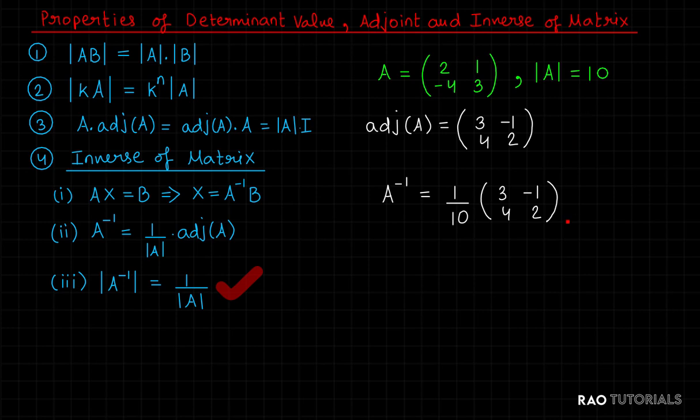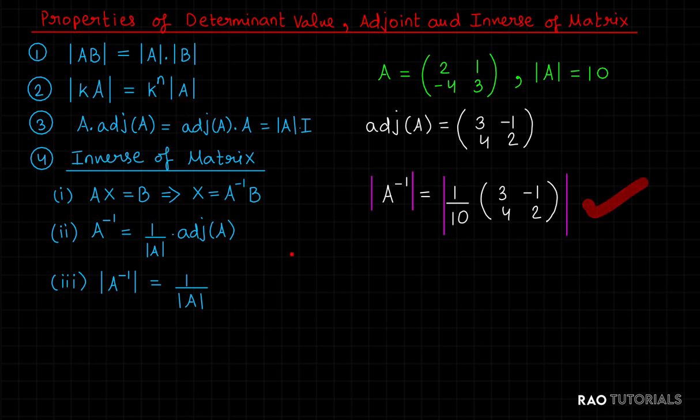Now that we have our inverse matrix, let us find its determinant value. From this second relation, we know that the determinant value of the product of a scalar and a matrix is scalar to power n into determinant of matrix.